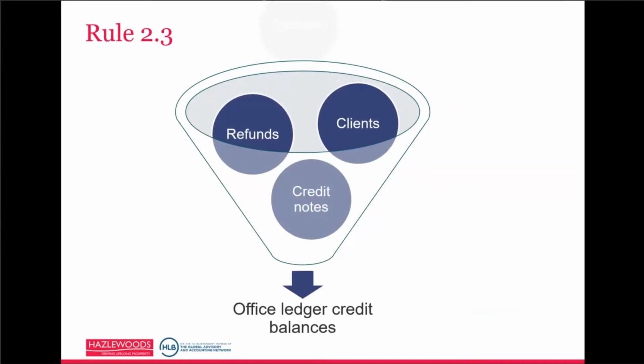Or can be transfers where client to office transfers are performed in excess of the funds due on office, for example, for unpaid disbursements. Most systems have a standard report for this, but if not, you should review a full list of office ledger balances to identify any credits.